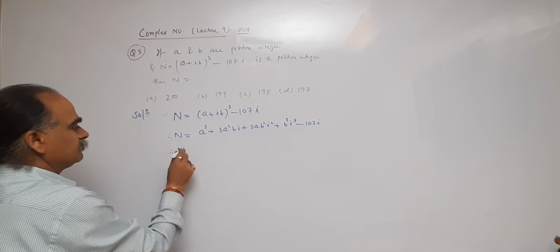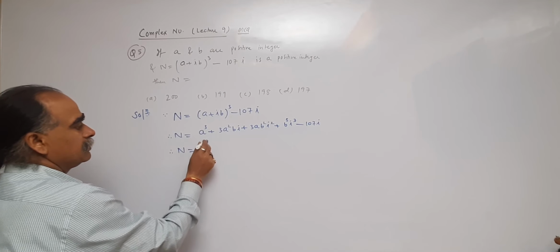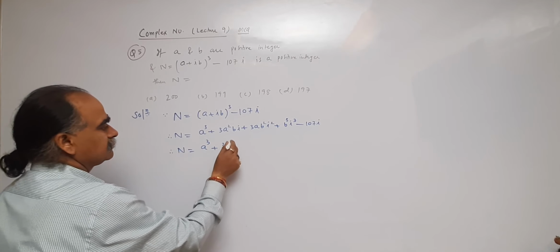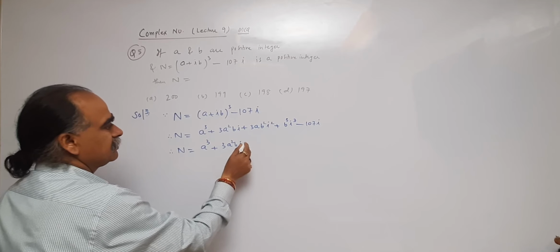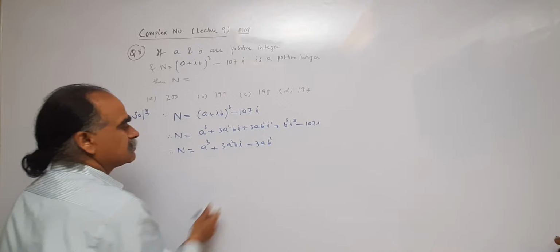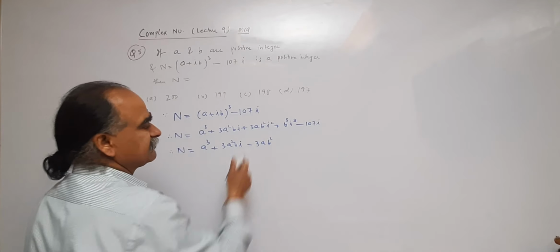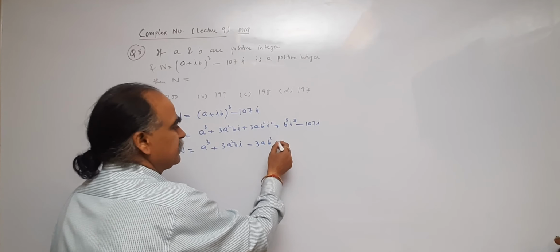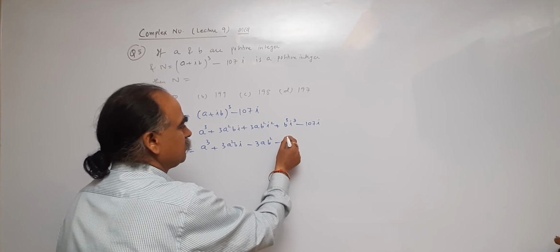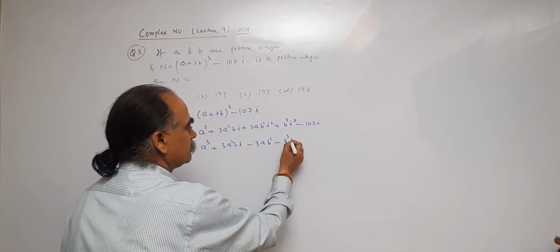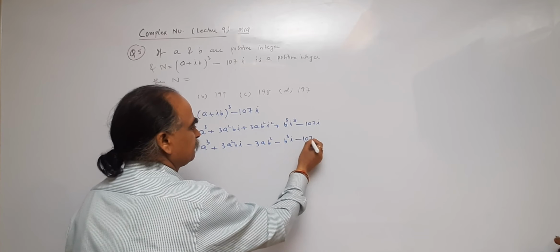Therefore, n is equal to a cube plus 3a square bi minus 3ab square, because i square is minus 1, and i cube is minus i, so it will be minus b cube i, minus 107i.